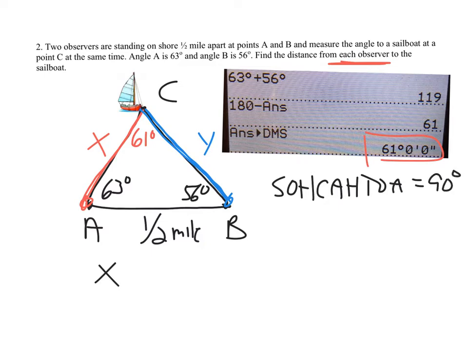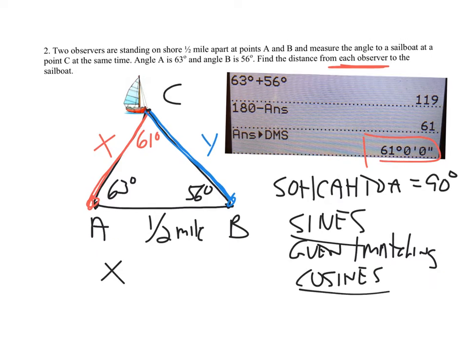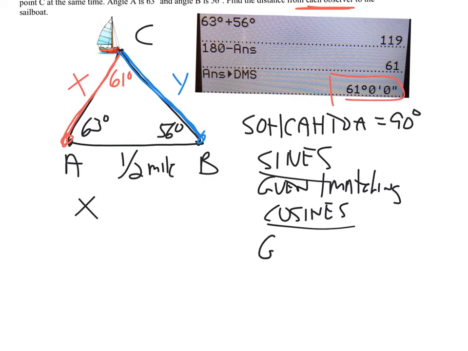In order to use the law of sines, you need to be given one matching set of side and angle. And in order to use the law of cosines, there's two scenarios. Either you're given two sides and the angle between, or you're given all three sides.